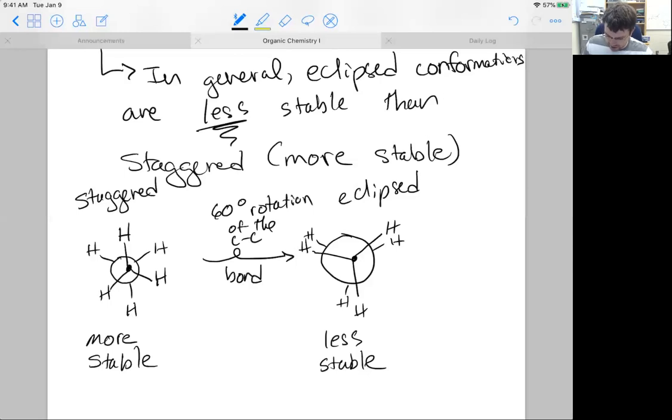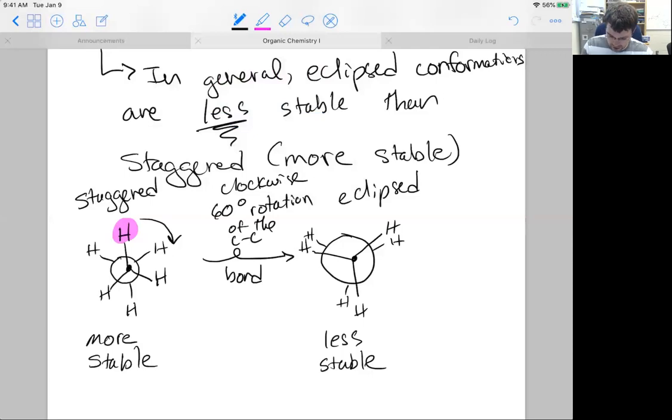That is to say, I could take this, and let's label these things so we can see them. I'm going to take this northernmost hydrogen and spin it clockwise 60 degrees. When I spin that clockwise 60 degrees, remember I go halfway between the two groups of that dotted carbon.